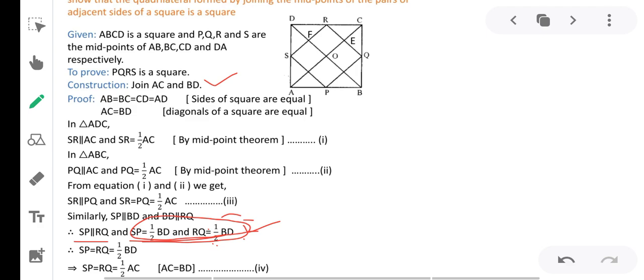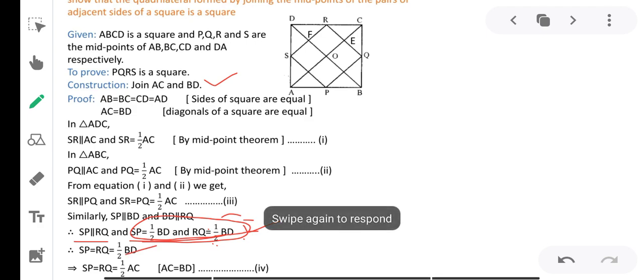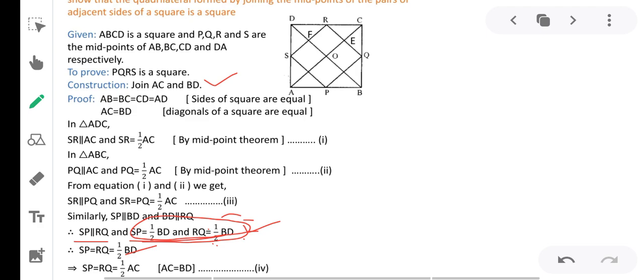So SP equal to RQ equal to 1 by 2 AC, because AC and BD are the diagonals of the square and diagonals of a square are equal. So instead of BD we can write AC. So SP equal to RQ equal to 1 by 2 AC.